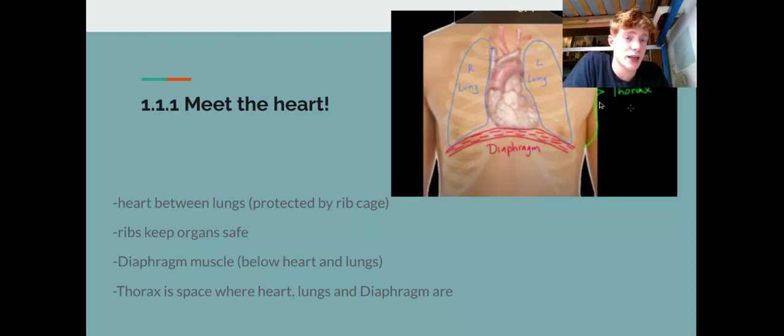That's so that you can understand the thorax. The thorax is just a general term to conclude the place where the heart, lungs and diaphragm is located. So this is entirely the thorax. Your heart and lungs and diaphragm are protected by the rib cage, so that you do not die of a little bump.